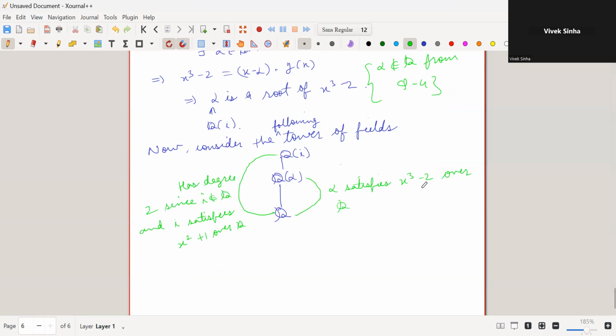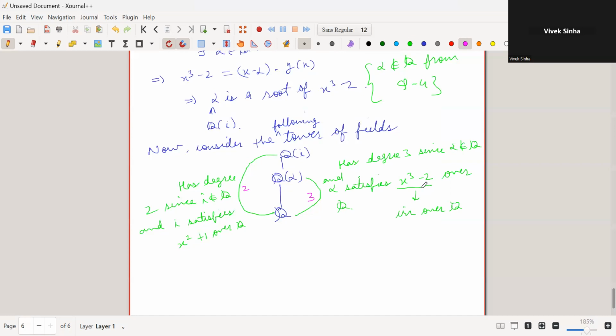This has degree 3 since alpha is not inside Q. So definitely a linear factor is not possible, and alpha satisfies x cube minus 2 over Q. And also this polynomial, we have already seen, is irreducible over Q. So the degree cannot be less than 3. Okay, so it has degree 3, and so here you have 3 and here you have 2.